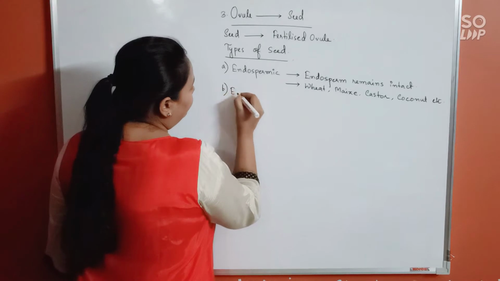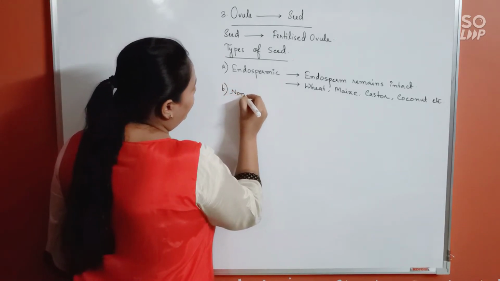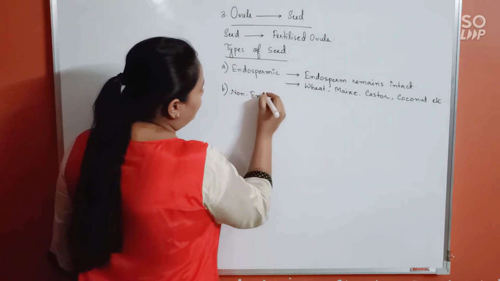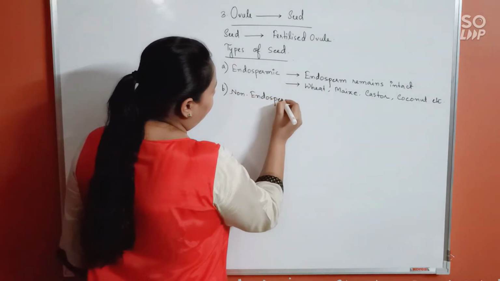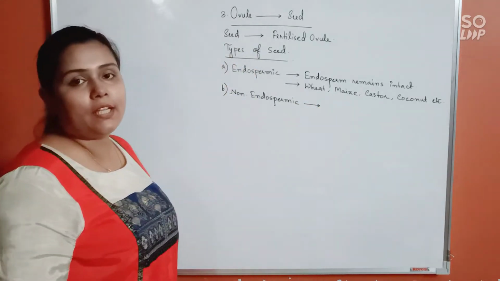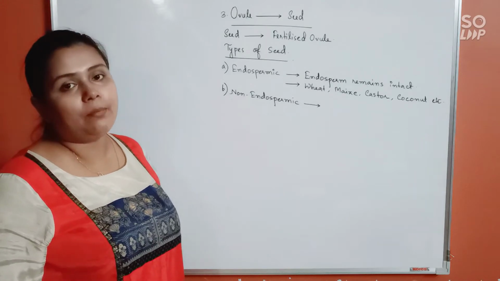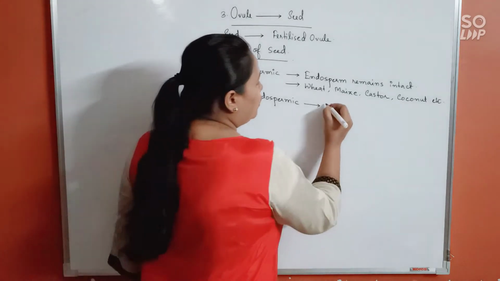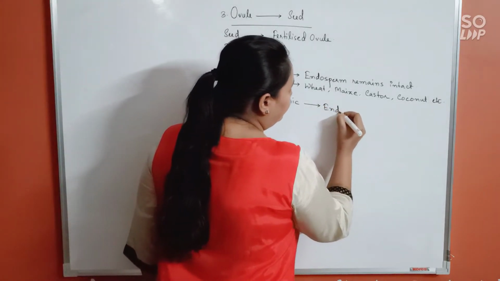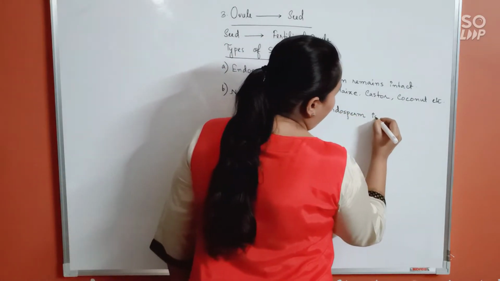Next, non-endospermic seeds. Non-endospermic seeds means the seeds in which the endosperm will be exhausted by the time it matures. So, endosperm is exhausted.